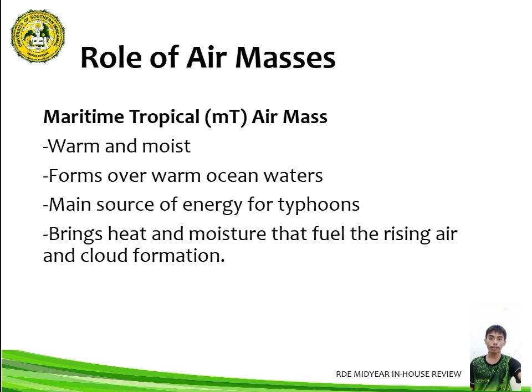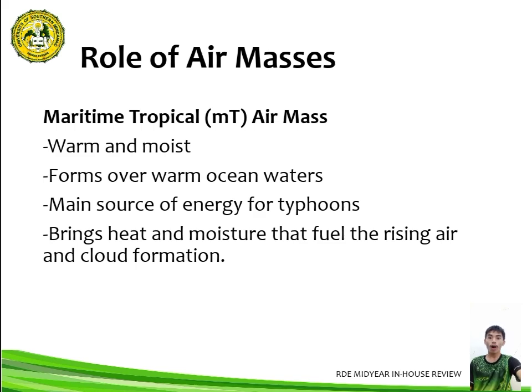Next is the role of air masses in typhoon formation, particularly the warm moist air. This is the most important factor. Typhoons form over warm ocean water, where warm moist air rises quickly. This rising air fuels the typhoon, providing energy and moisture for cloud formation and strong winds.